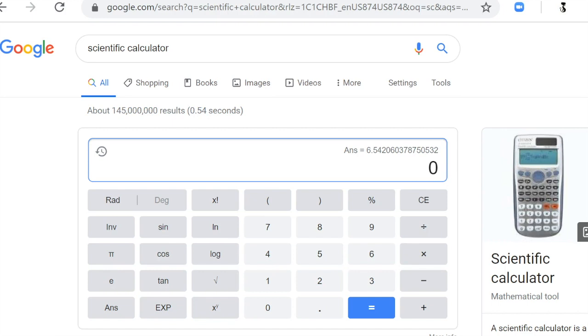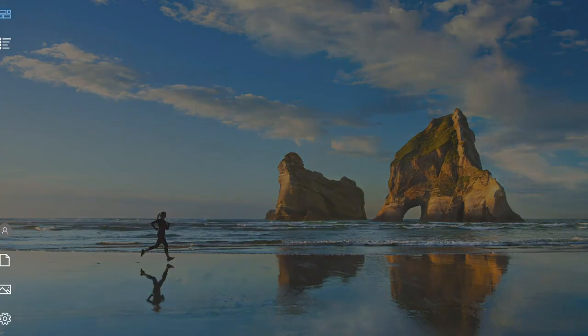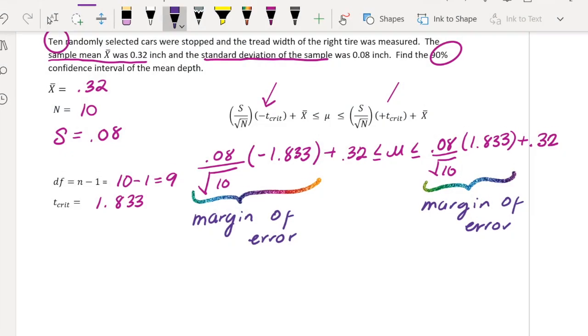So it's going to be parentheses 0.08 divided by the square root of 10, parentheses, times negative 1.833. Negative 0.04, that's small.